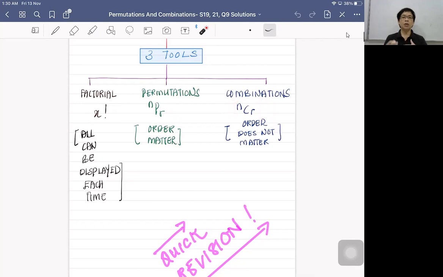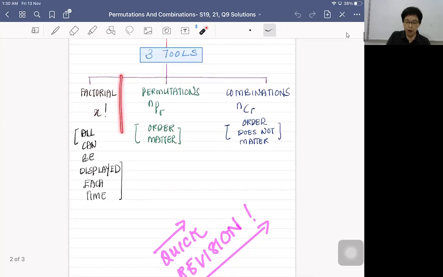To make your learning easier, I'm going to divide these three into two groups: factorial in one group, permutation and combination in the other. Why is it so?